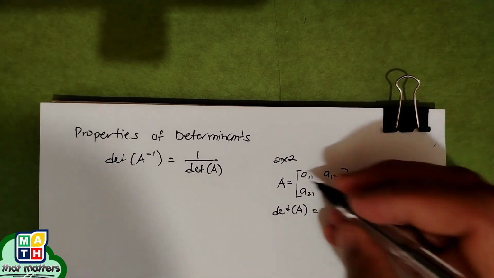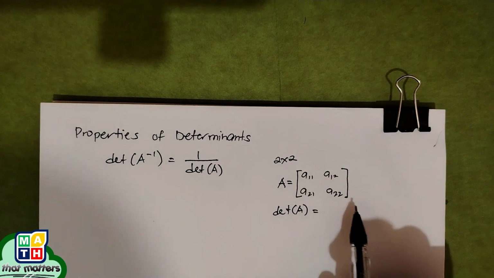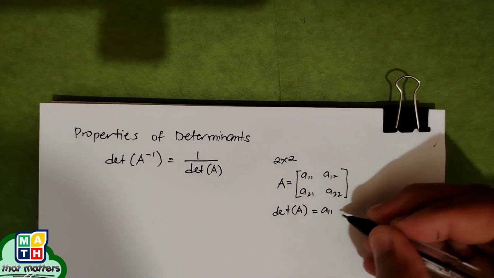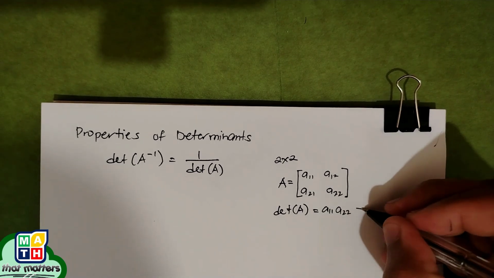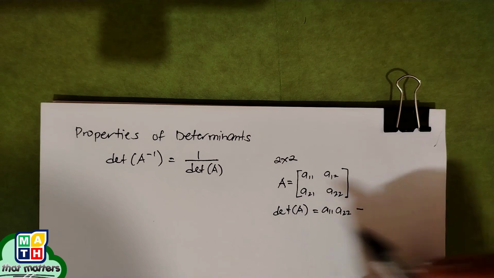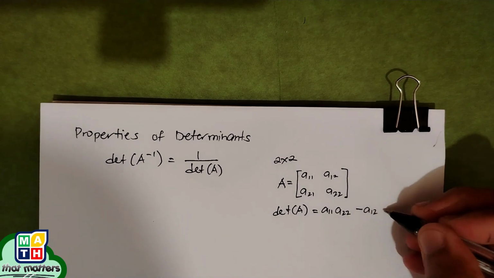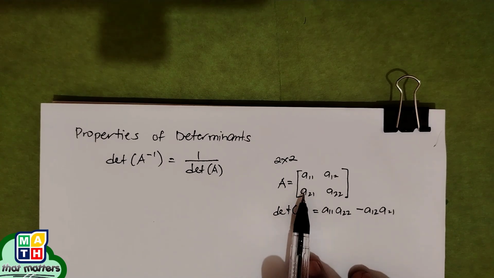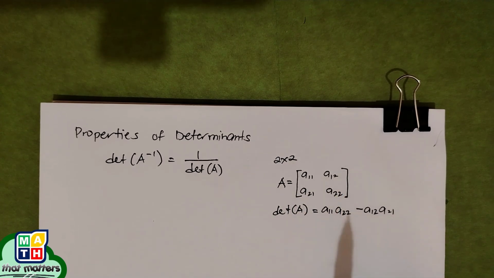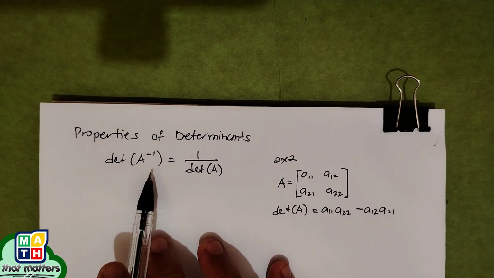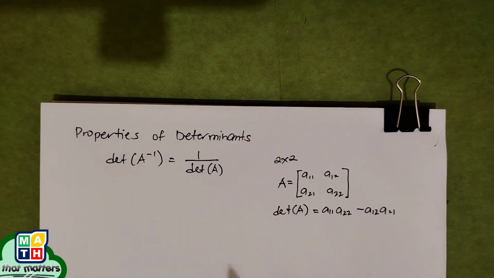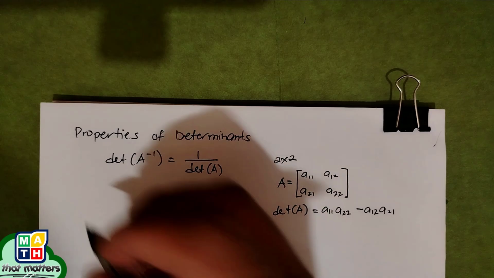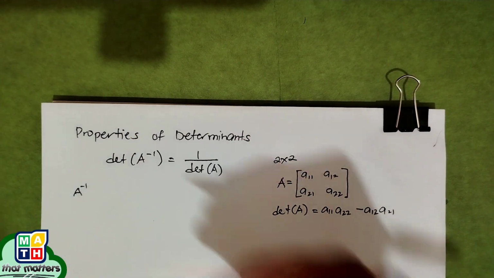The result here is the product of the diagonal, the product of A11 and A22, less the other diagonal, A12 and A21. This is the determinant of this matrix A. Later we're going to connect it with this as soon as we were able to get the inverse of A. So let's start first with the inverse of A.